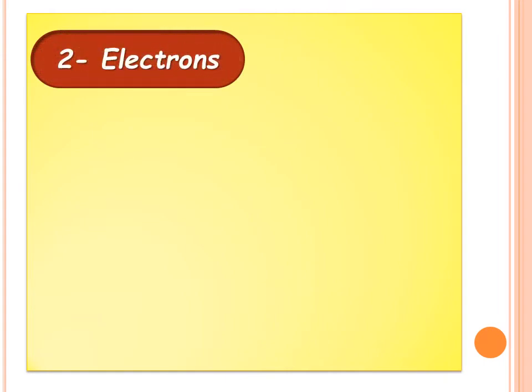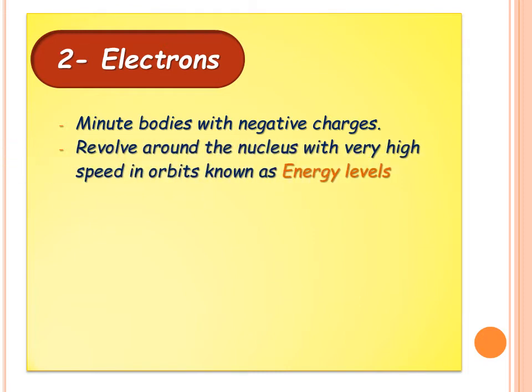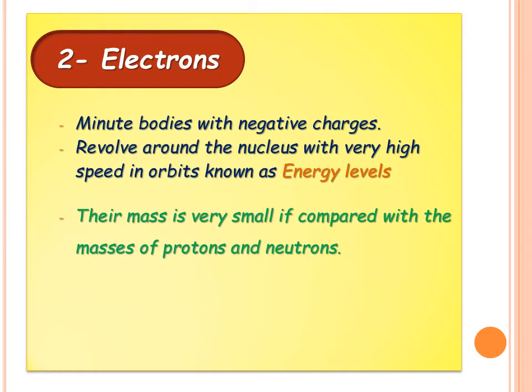Okay, number 2, electrons. They are minute or very small bodies with negative charge. They revolve around the nucleus with very high speed in orbits, known as energy levels.